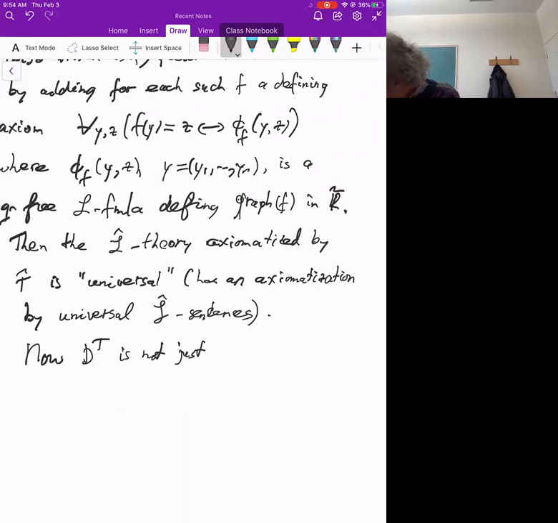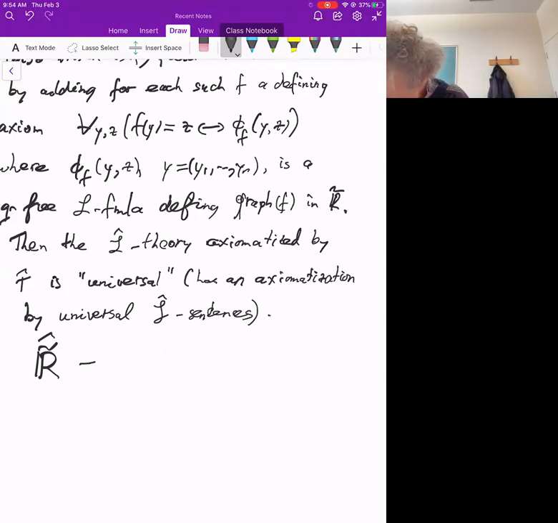Before I do that, I have to introduce the corresponding expansion of R tilde. Yeah, this is a little bit annoying notationally. R tilde, which is an L structure, of course, has a unique expansion to an L hat structure satisfying these new axioms.